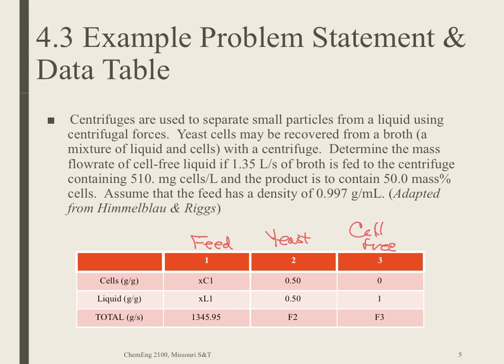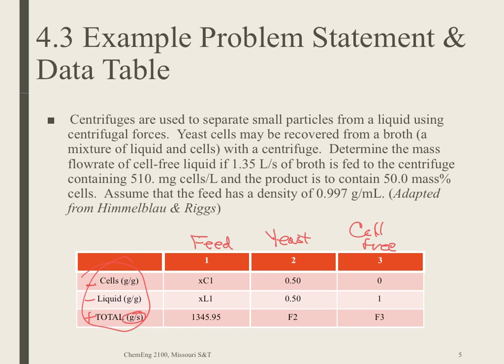I'm going to name columns for each of my streams. Over here on the left-hand side, I'm going to list out every component. So I have cells and I have liquid. And then I'm going to put in a total, which is just simply the sum of those other two things. I'm going to indicate what units I wish to use. In this case, I'm working with grams per second.